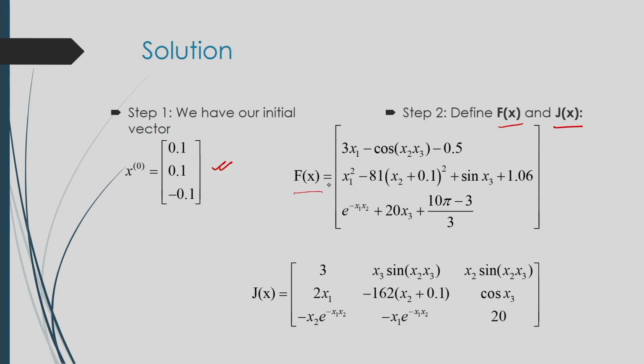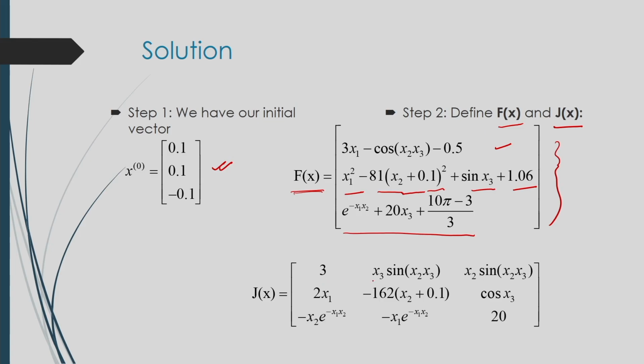So, f of x is simply 3 x 1 minus cos x 2 x 3 minus 0.5 here, and then x 1 square minus 81 x 2 plus 0.1 square plus sin x 3 plus 1.06, and then the third equation as given. These actually make up the function f of x. And then the Jacobian matrix is simply the derivative of this function f of x with respect to the variables.